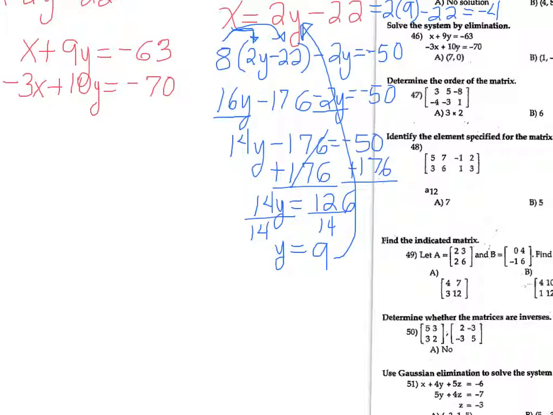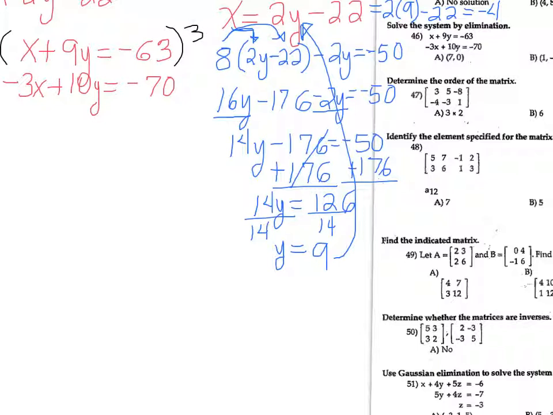Elimination method. I need to eliminate either the x's or the y's. Can I eliminate either the x's or the y's the way it is? No, I need to do something to one of the equations so that I can have the same coefficients with opposite signs. Which one do you want to eliminate, the x's or the y's? It's easier to do the x's. So, we need to multiply by what to get rid of the x's? 3. That is right.